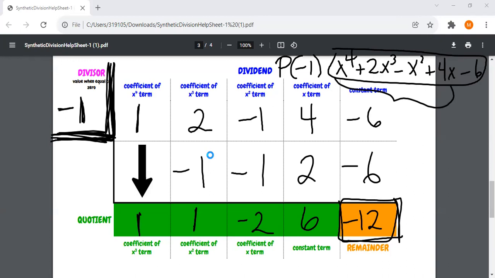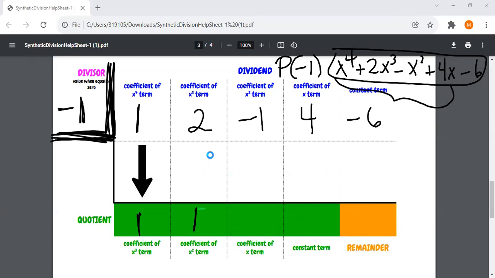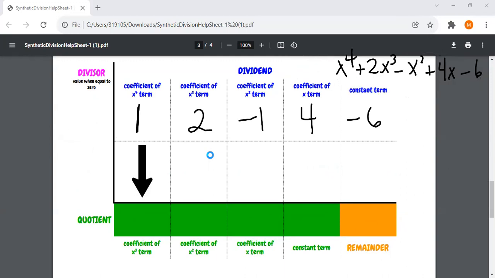So now I'm going to keep everything similar. Only now we're going to use this exact same polynomial, but we're going to use it for the synthetic division. So now we're going to divide this by x minus 1.